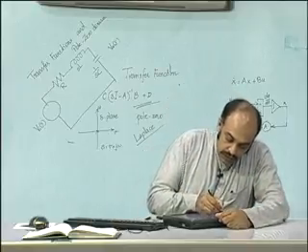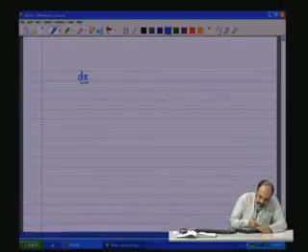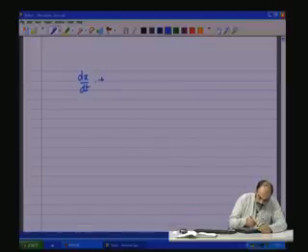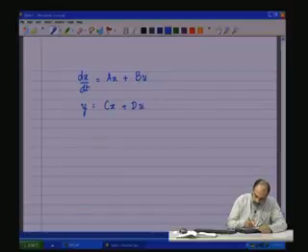So, the state equation in the general form, we see that it is dx by dt equals Ax plus Bu. This is the dynamic equation, and the output equation is given by y equals Cx plus Du.